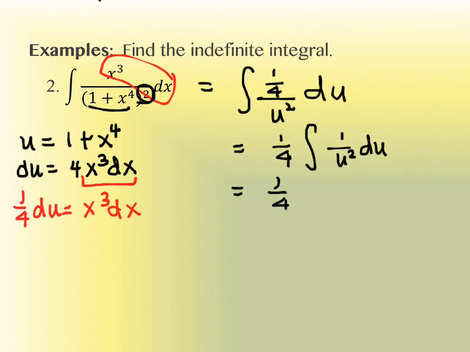And it might actually be more helpful to write this as u to the negative 2 instead. So 1/4 of the integral u to the negative 2. All right, so the 1/4 is part of your notation. You're done. What is the antiderivative of u to the negative 2?